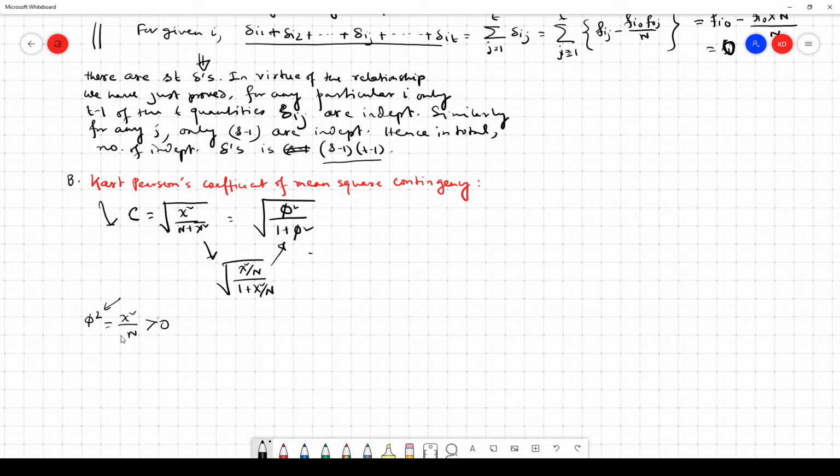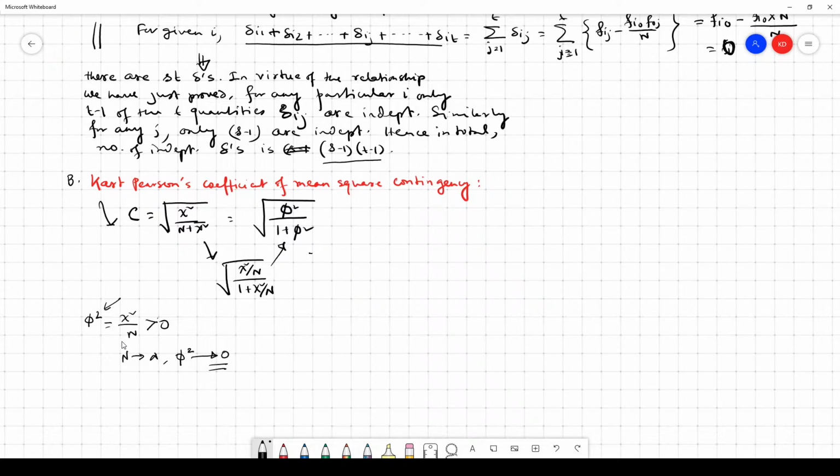It is not possible to give an upper bound, it should be infinity. If chi square is a finite quantity, it should tend to 0. That means there is a difficulty.